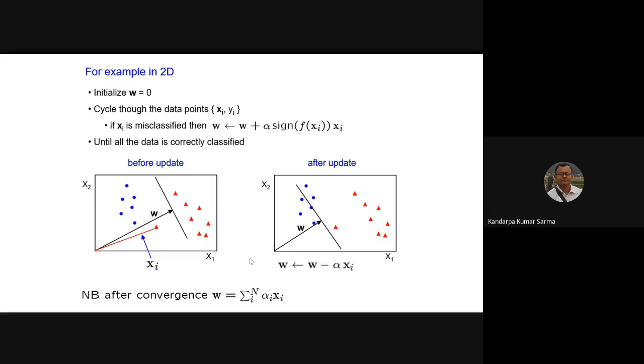But when we do the update, the decision boundary formed by this solid black line comes closer to the blue region, with one red triangle and two blue dots. One red triangle comes closer to the decision region, while the two blue dots cross the decision region.